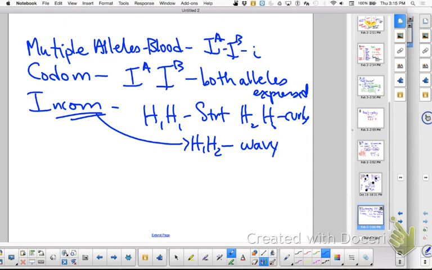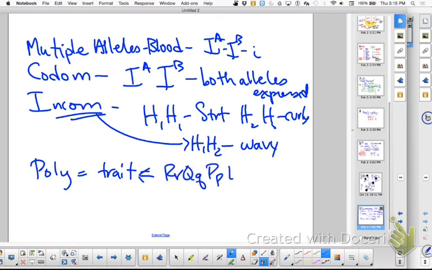X-linked inheritance we already just went through, right? And then polygenic would mean that your trait is equal to contributions from many genes, giving you that one trait. That was things like skin color and height.